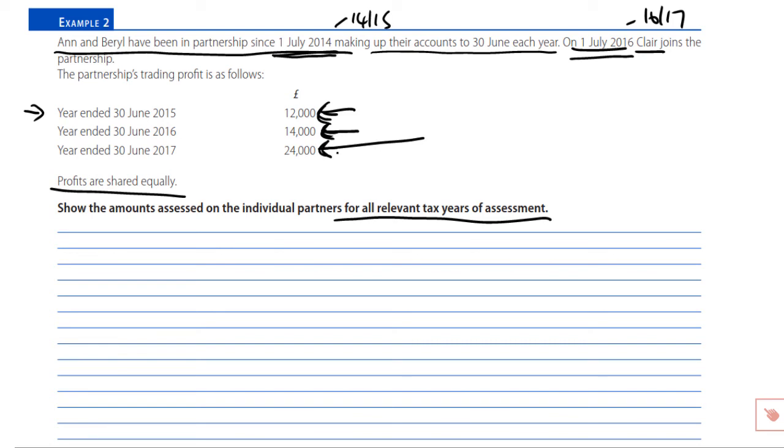So it'll be simple calculations for you, therefore, to prepare. So, deal with each accounting period, get your total column, get your column for Anne, Beryl, and, where appropriate, for Claire. Divide out those profits. Once you know for each individual, Anne, Beryl, and Claire, what their adjusted trading profits are for each accounting period, then and only then can you attempt to work the assessments.